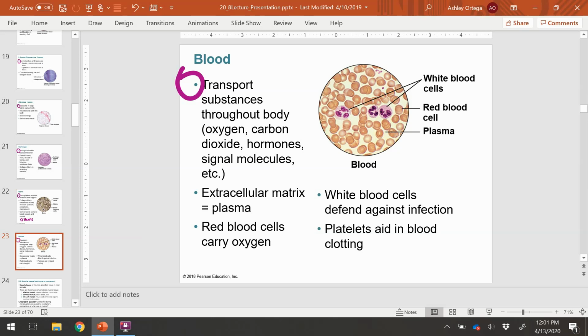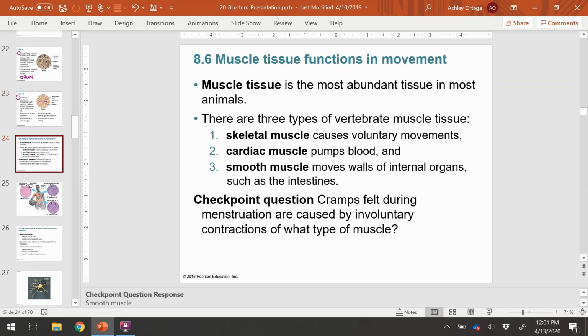It's a fluid substance that will maintain pH and other factors of water and other molecules. They have parts of cells, and those are called platelets, and that will aid in blood clotting. And so not next chapter, but I believe chapter 10, we'll look at the circulatory system, so we'll study this more.